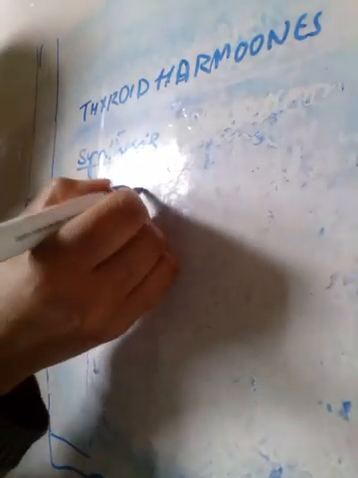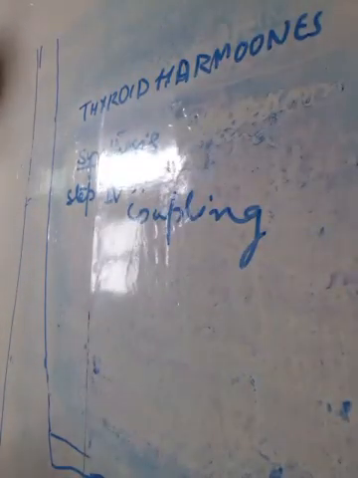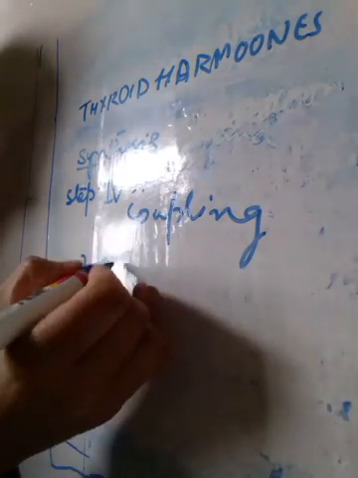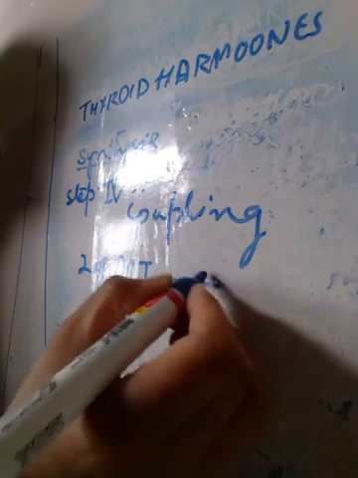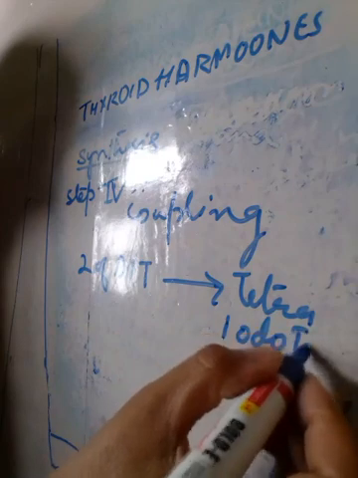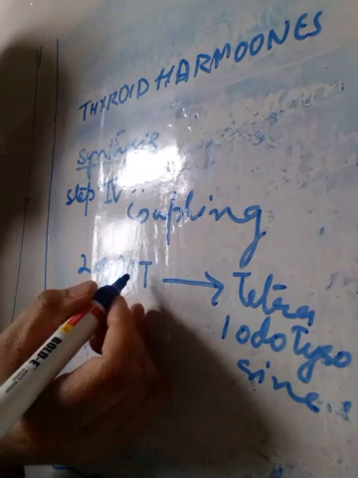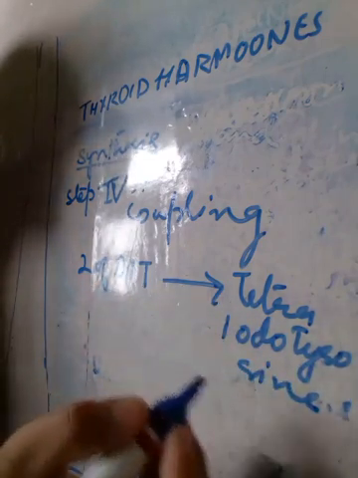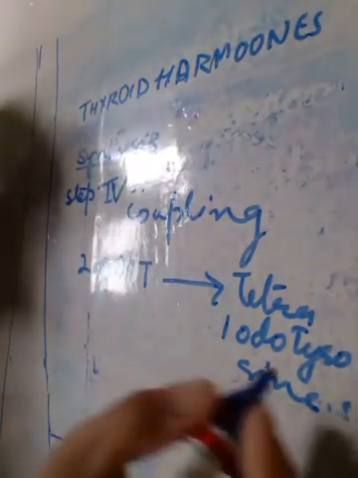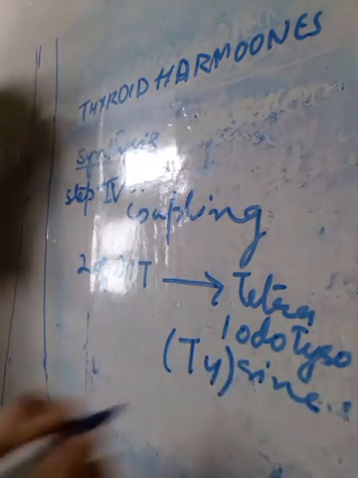Next is the step 4. Step 4th is coupling reaction. By coupling we mean two molecules of diiodotyrosine combine to form tetraiodothyronine. We represent it as T4.